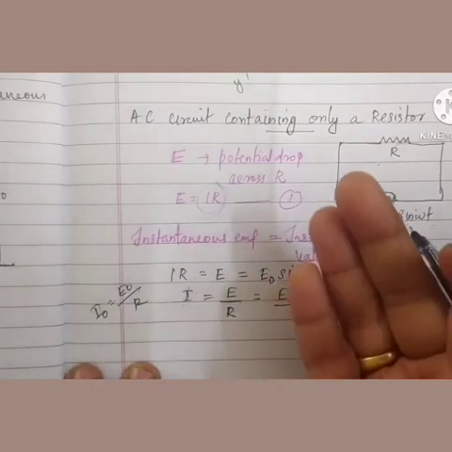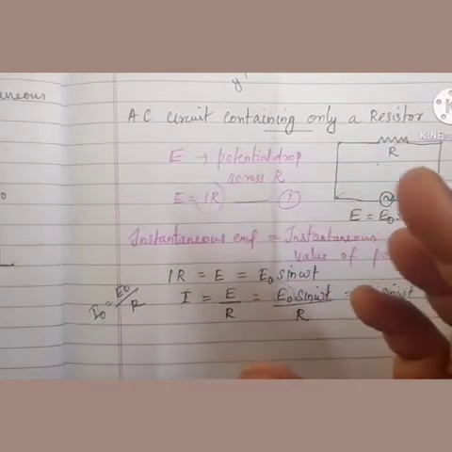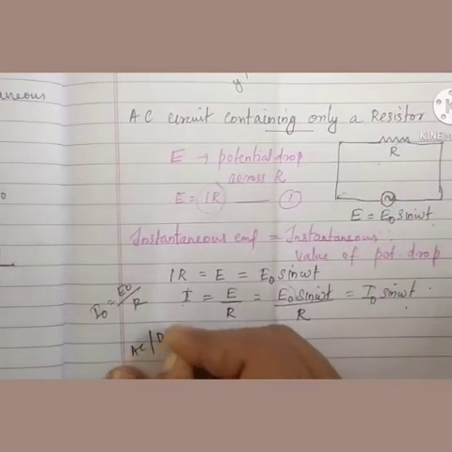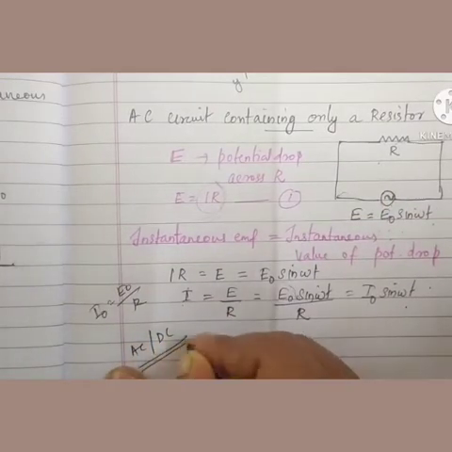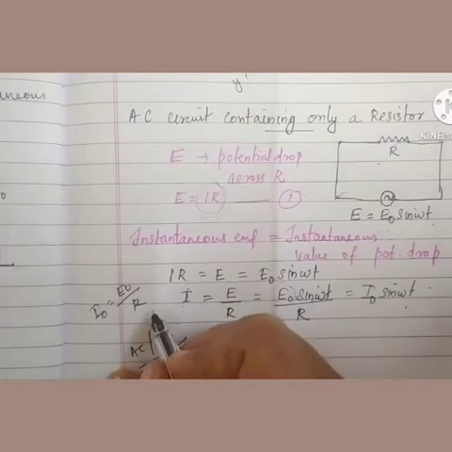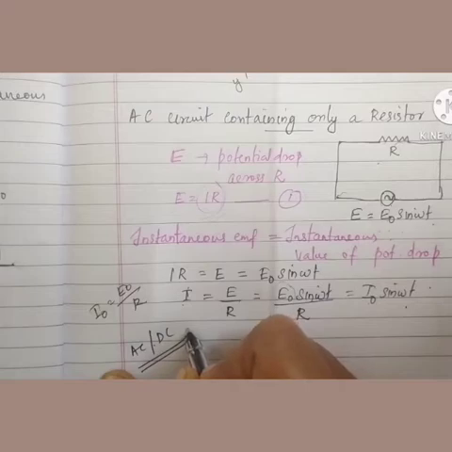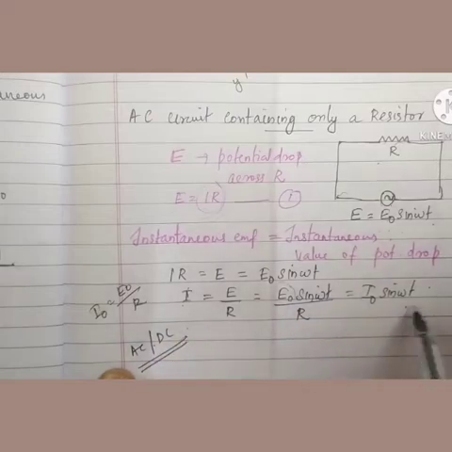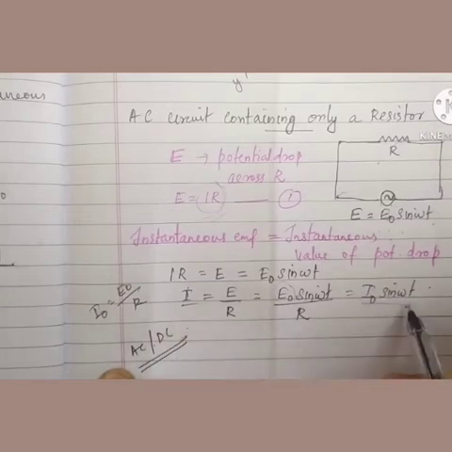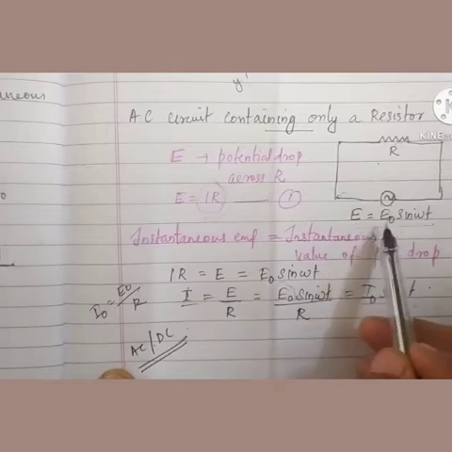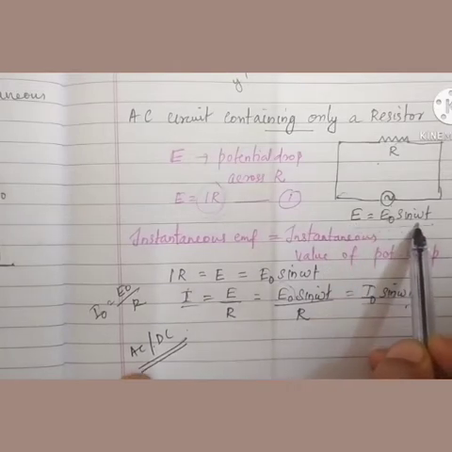So you can say that the resistors will work equally for AC as well as DC voltages. Now here if you are checking, this is the expression for current, that is I equal to I0 sine omega t, and the expression for EMF is E equal to E0 sine omega t.